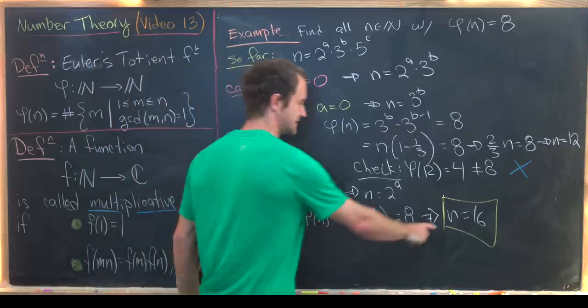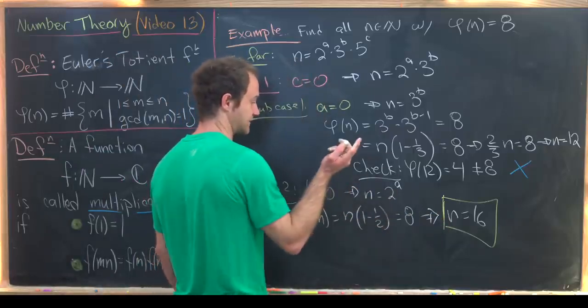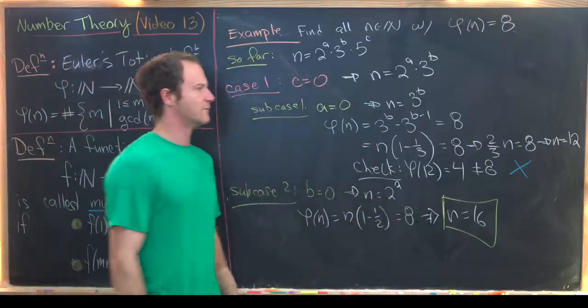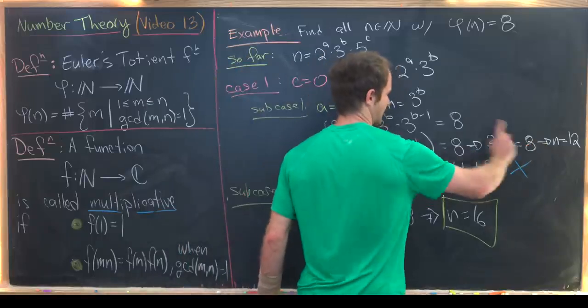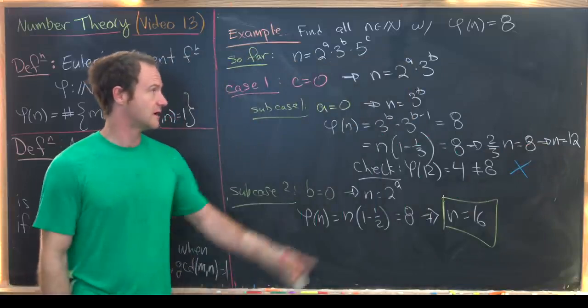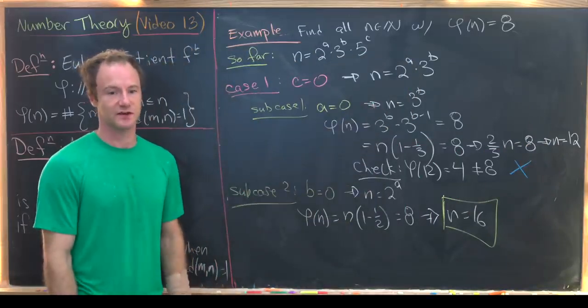Well, first of all, we see that our assumption really built into this was that n was a power of 2, but 16 is a power of 2, which means we're good. Whereas over here, this didn't work for a couple of reasons, but this says that n is 12, but our assumption was that n was a power of 3, and those are not conducive to each other.